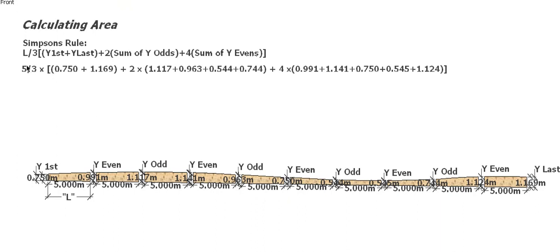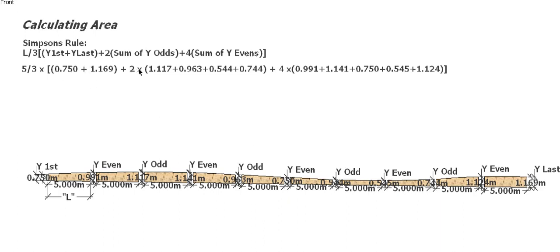So 5, which is the length of one of our sections, divided by 3, which is what Simpson's Rule says, times our first reading, which in this case is 0.750, plus our last reading, which in this case is 1.169. We'll do that in a minute.